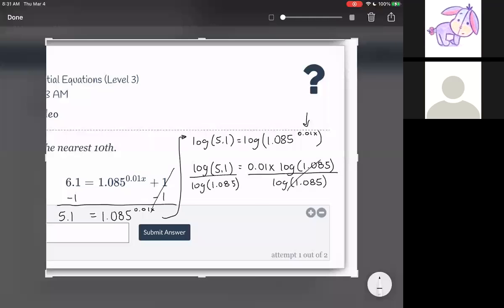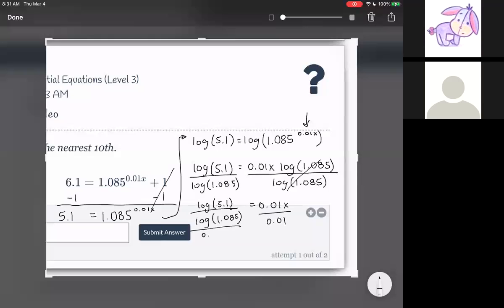And then that way, these cancel out. We are left with 0.01x, and this one is just that fraction. And so since this is 0.01 multiplied to x, we get rid of the 0.01 by dividing by 0.01.